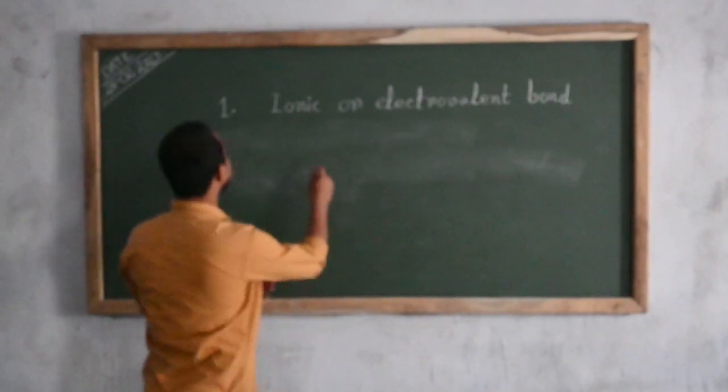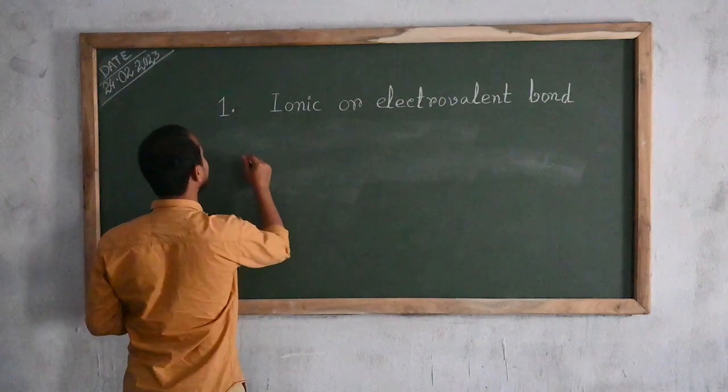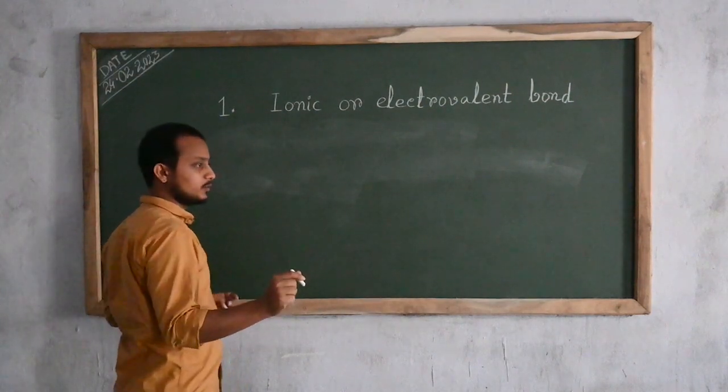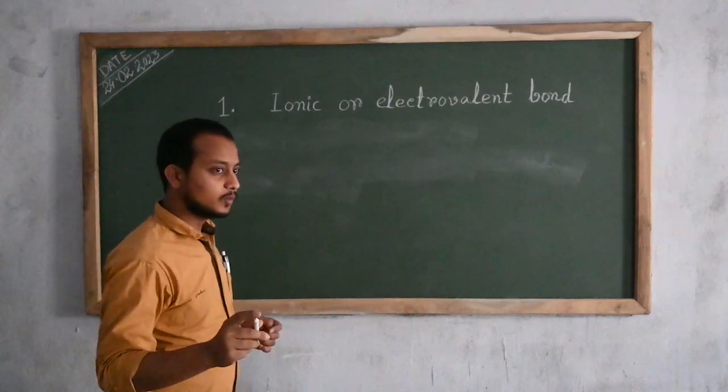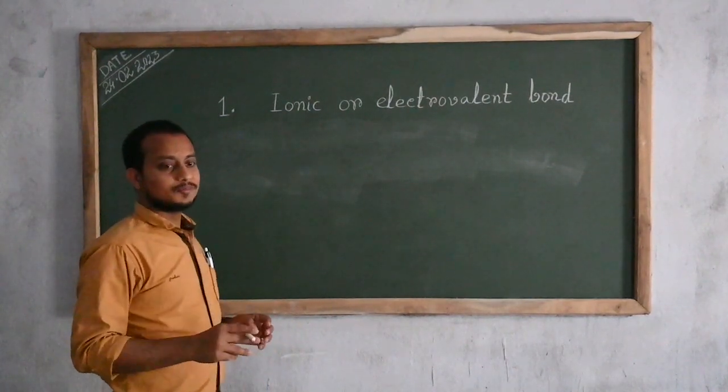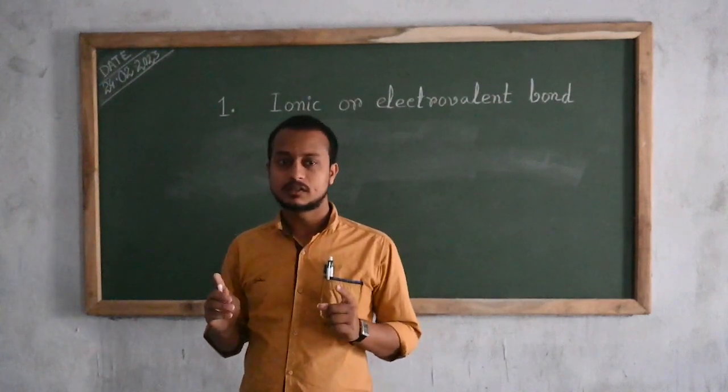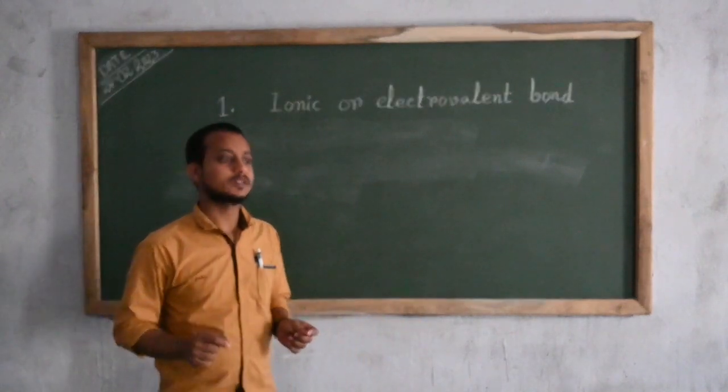Here we are writing one example of an ionic or electrovalent bond. All of you are aware of table salt, or normal salt. What is it?